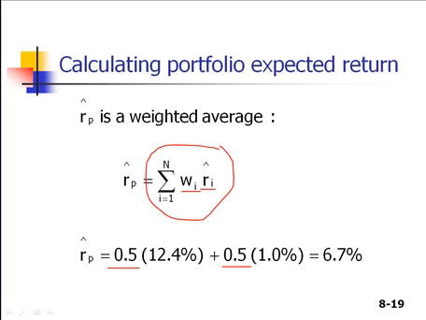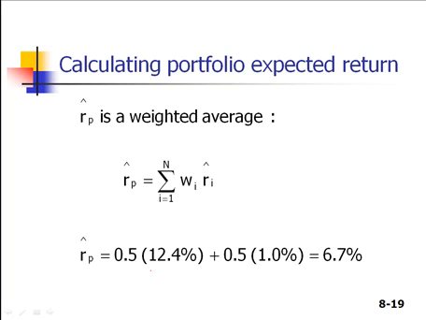This would be a 70-30 mixture. So this number would not be 0.5, it would be 0.7, representing 70%. And this number would not be 0.3 instead of 0.5, representing 30%. But anyway, that's not the case. This is a 50-50 mixture, so those weights are 0.5 each.